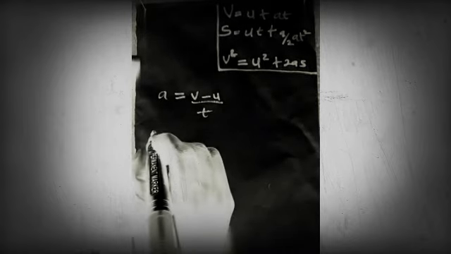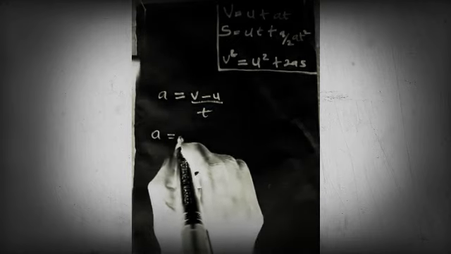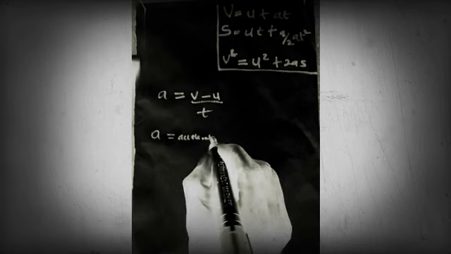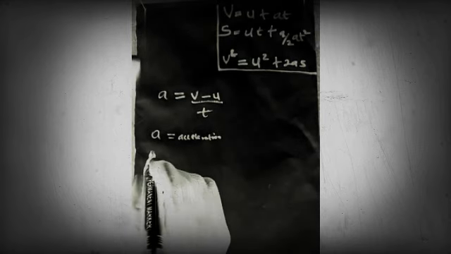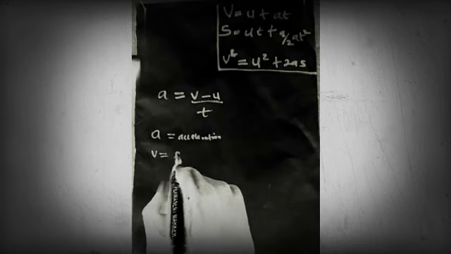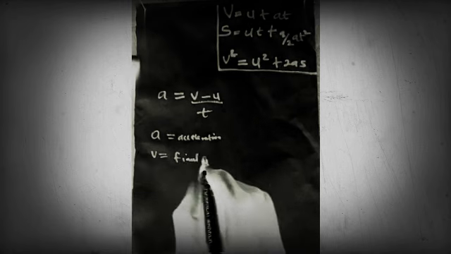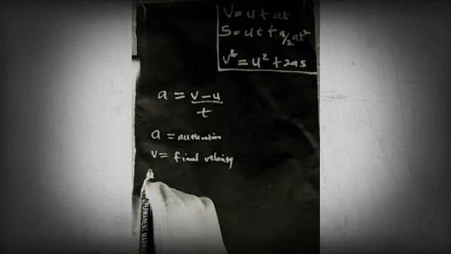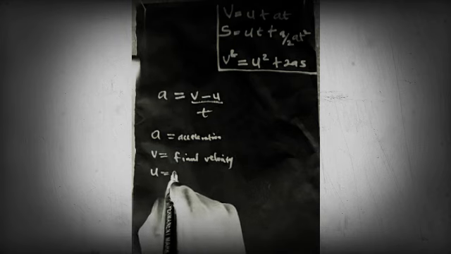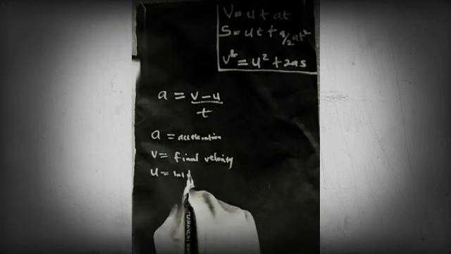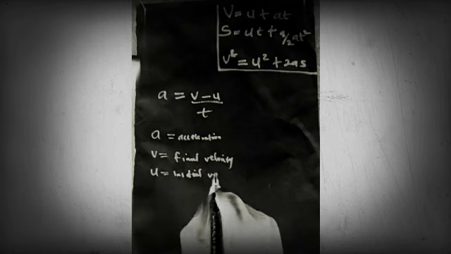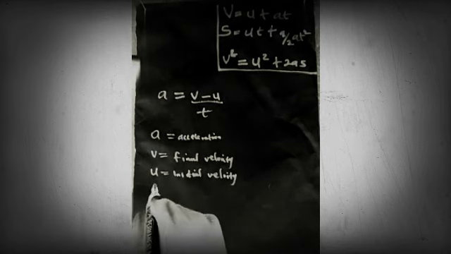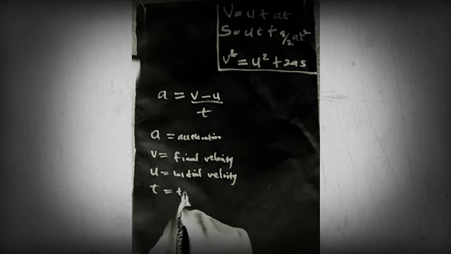Let us write it down, where A equal to acceleration, V equal to final velocity, U equal to initial velocity, and T equal to time.